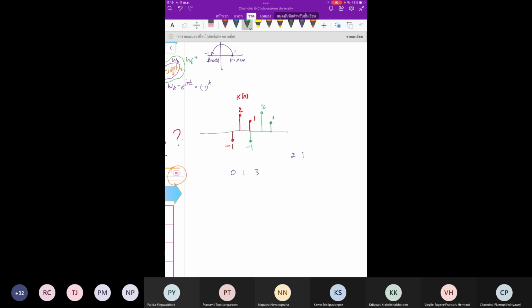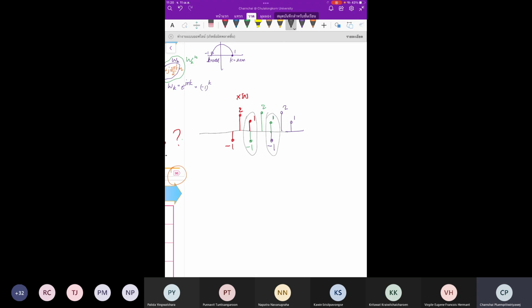And the next one can be -1 to 1 like this. And if you sum them up, yes, it repeats itself, it's periodic, but there's some overlapping.